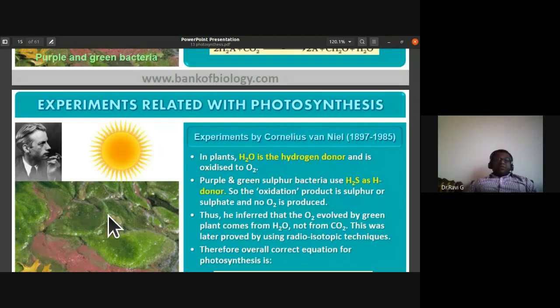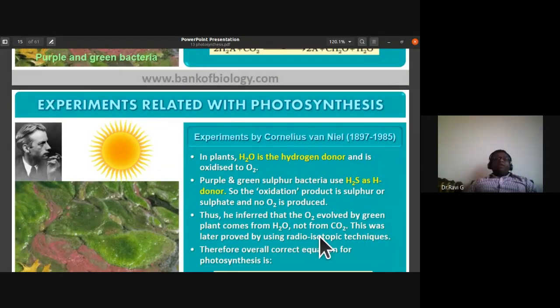In purple and green sulfur bacteria, they obtained hydrogen from the hydrogen sulfide donor, whereas in plants, water is the hydrogen donor and it is oxidized to oxygen. Thus, he was able to come to a conclusion.